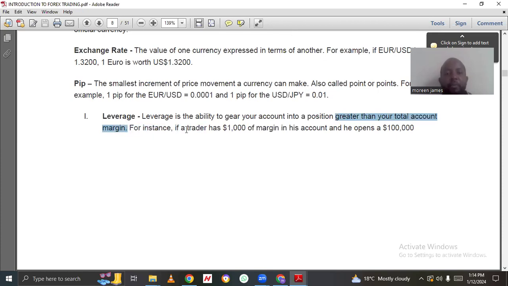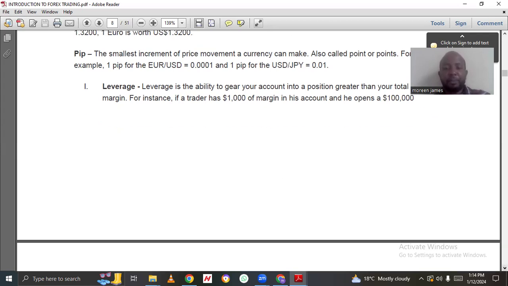For example, you have $1,000 and you're margining this account and you open one lot. One lot is equivalent to 100,000 units. But you cannot open that lot on your MT4 without something we call leverage. So what is leverage?